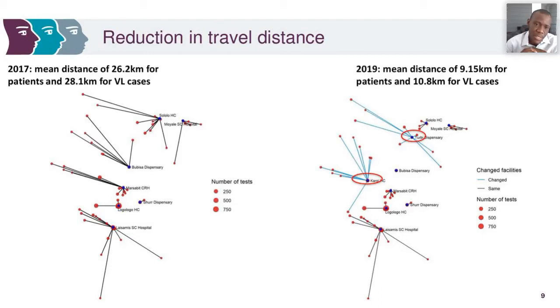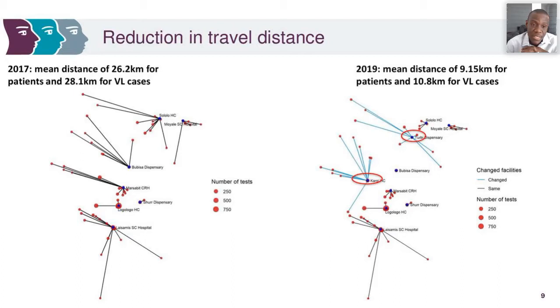What you see here is a network diagram, and on the left you see the situation before 2018. On the right you see the situation after we added 2 new health facilities. This shows that by adding these 2 facilities, we reduced the distance that patients had to travel from 26 kilometers to 9 kilometers.